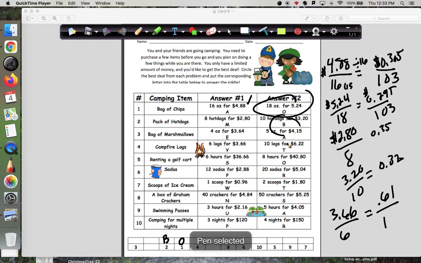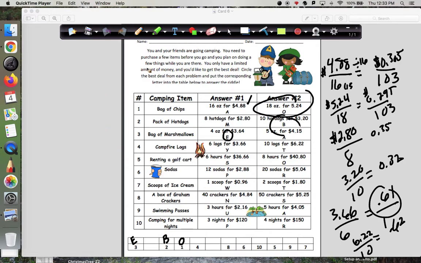All right. So 6.22 for 10. I know when I divide that by 10, we're going to get 0.62. So this first one was a better deal. So we go to 3 and we put in E.